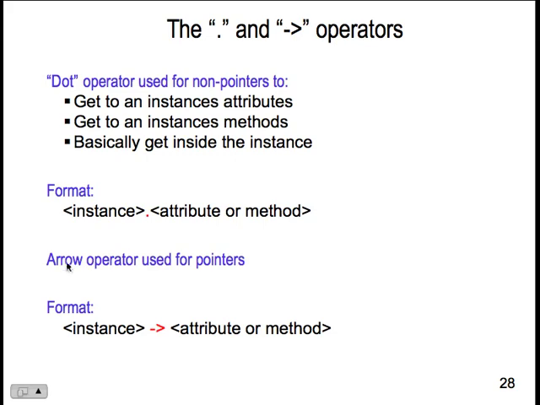And then the arrow operator is used for pointers. If we're going to use a pointer, we have to do this. If we use a dot on a pointer, we get an error message back. So it's the same format, same usage as before, but we put no dot anymore. We put the line and the arrow instead, and it gives us the same results.